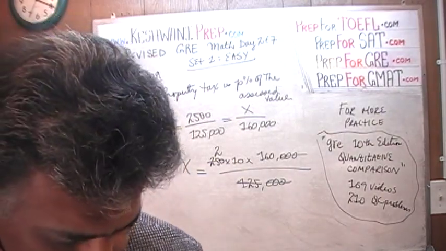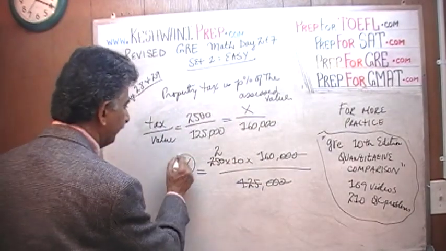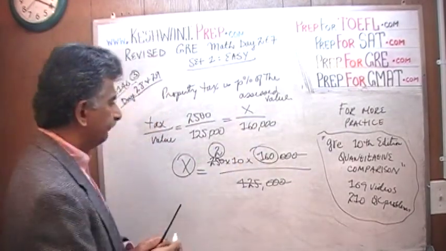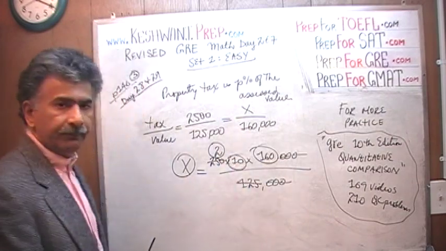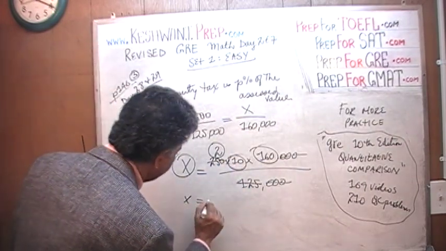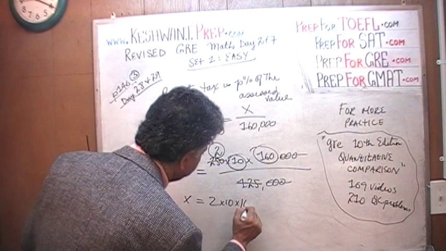That's it, we are done. The answer is x equals 2 times 10 times 160.